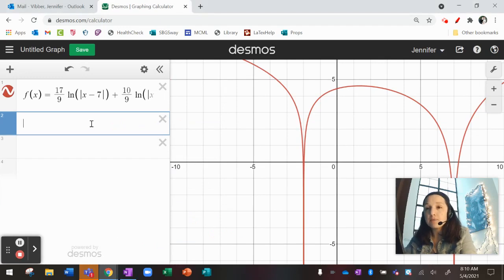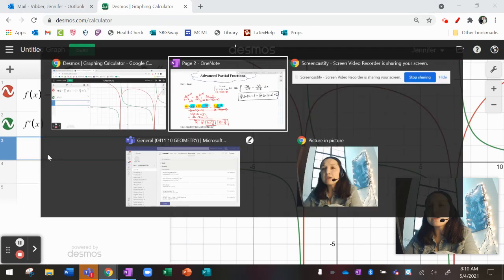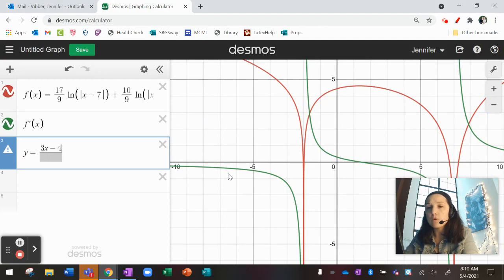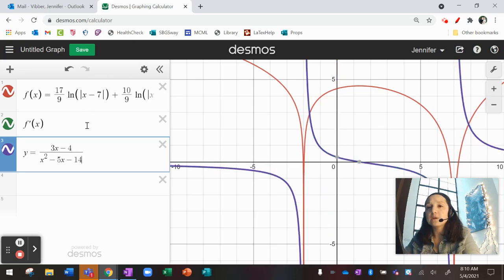So if I type the integrand in here, it should be the same as f prime. So I'm going to put 3x minus 4 over x squared minus 5x minus 14, and then see if my green graph and my purple graph are the same.